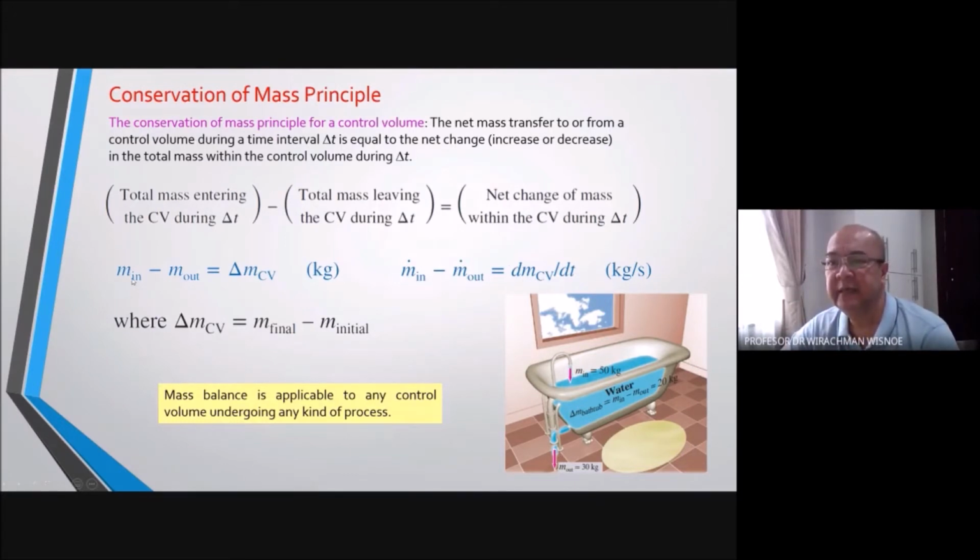And then m in over delta t becomes m dot in, m out over delta t becomes m dot out. So we have m dot in minus m dot out equal to dm over dt for a control volume. Mass balance is applicable to any control volume undergoing any kind of process. That is the conservation of mass.